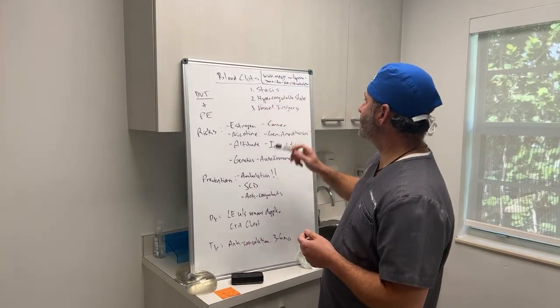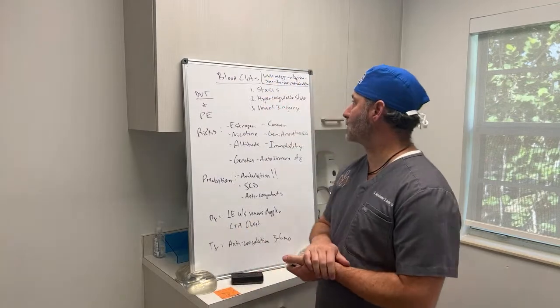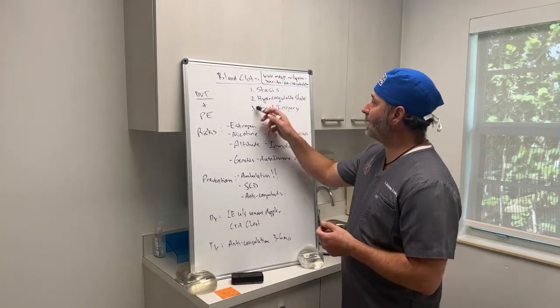Number two is what's called a hypercoagulable state, any condition that makes you clot easier than you normally would. And number three is vessel injury. By this we mean mostly injury to the inner lining of your blood vessels, your veins. There are certain things that we do that actually injure this lining and can lead to clots.